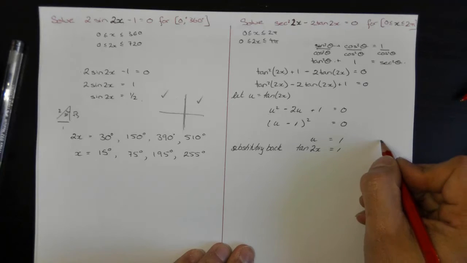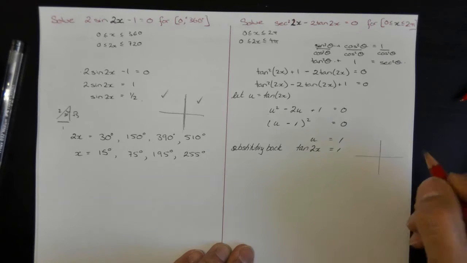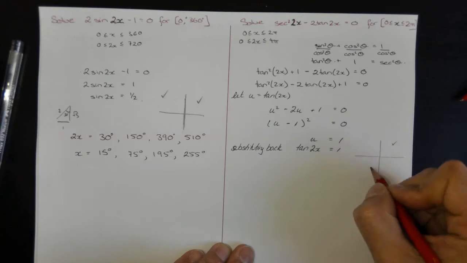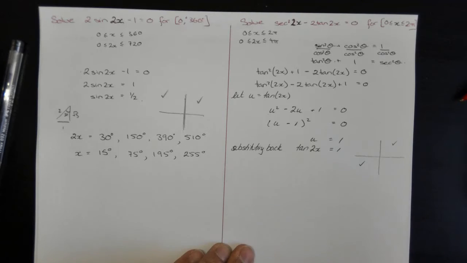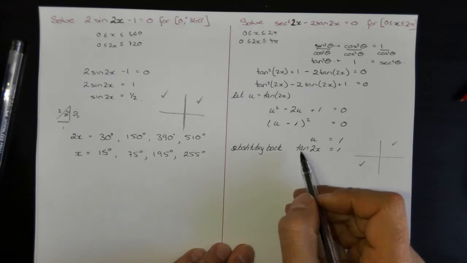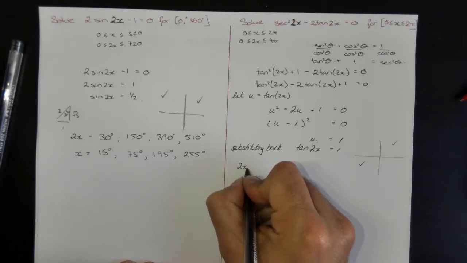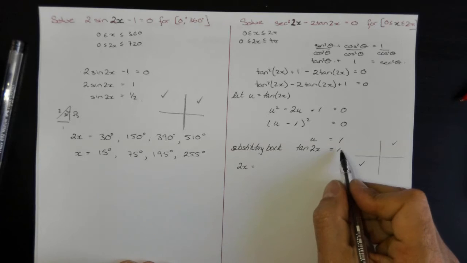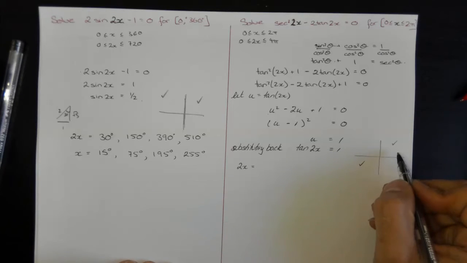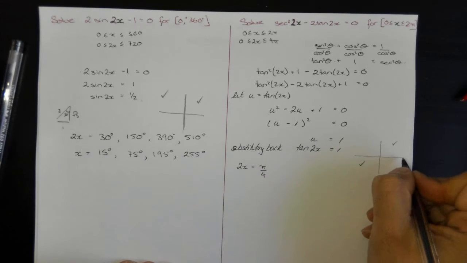We are going around the quadrants twice. So tan is positive in the first and third quadrant. And we're going to go around it twice. So tan of 1, so 2x, if we're in degrees is 45, but in radians is pi over 4.